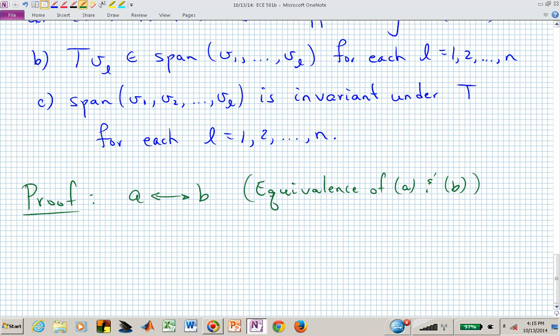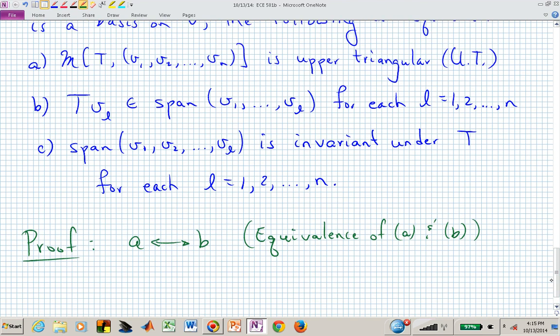And it may require that you have certain vectors in the right order, but it is upper triangular. And that's what this statement A is essentially saying. It's saying you now have this ordering of basis vectors, V1 through Vn, that's producing an upper triangular matrix representation for the linear map T.